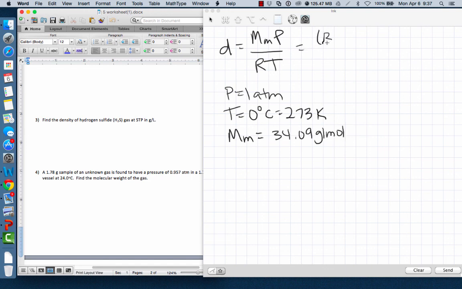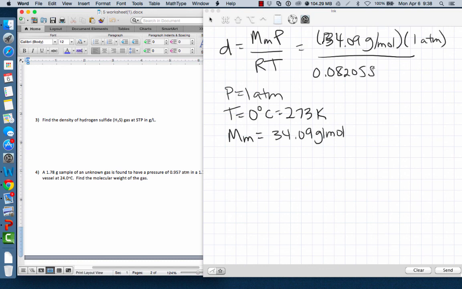Okay, so now we just put everything in here. So our molar mass, 34.09 grams per mole, times our pressure, 1 atm, over 0.082058 liter atmosphere per mole Kelvin, times our temperature, which is 273 Kelvin.